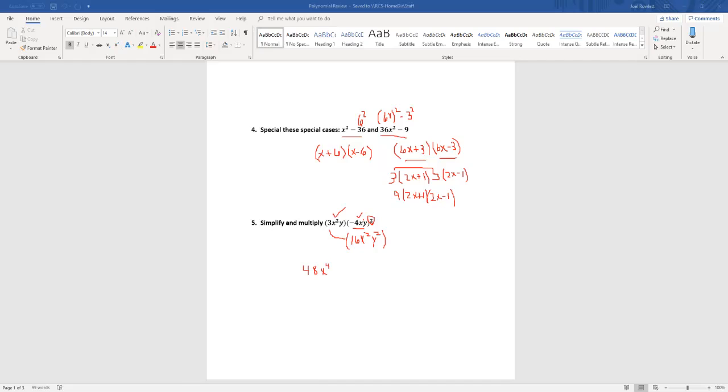And then I have y times y squared, and if I add those exponents, that would give me y to the power of 3. So this is the multiplied and simplified solution to number 5.